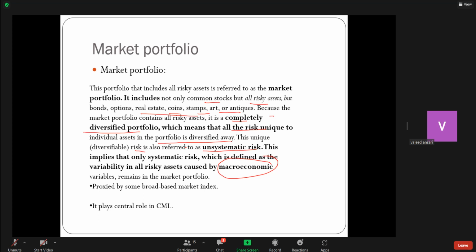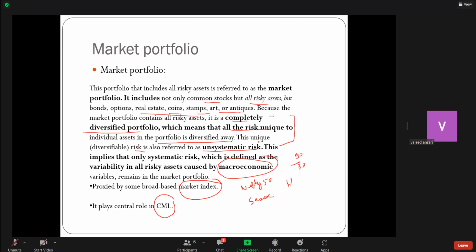But in real life, it is proxied by some broad market index like Nifty 50 or even Sensex or Nifty 100, and it plays a central role. It's assumed that this portfolio is already diversified, because if 50 stocks or 30 stocks are there, this unique risk will not be there.